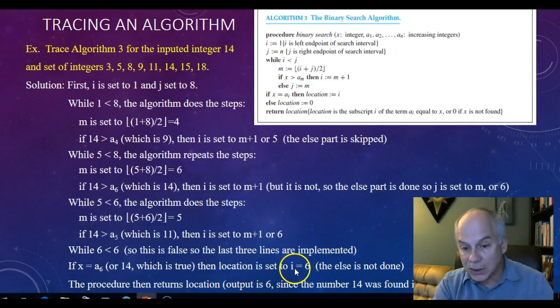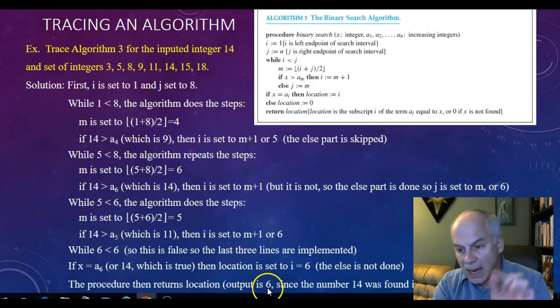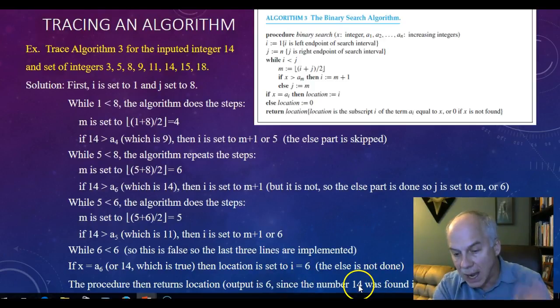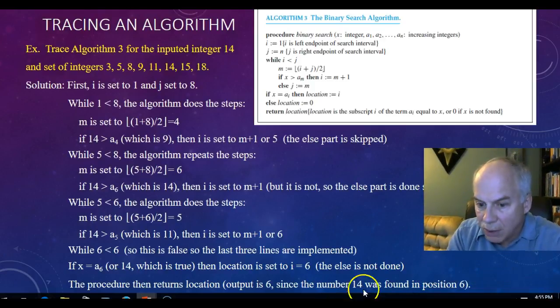So the location is set equal to whatever I was, which is 6. And you don't do the else. And then the procedure returns that location. So it will return the output of whatever location is. Well, location is I, which is 6.